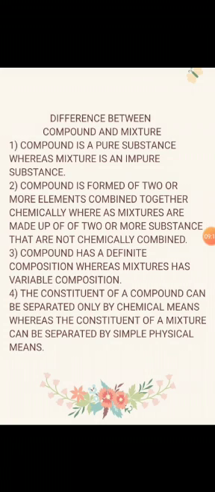The constituents of a compound can be separated only by chemical means because they are chemically combined, whereas the constituents of a mixture can be separated by simple physical means like using our hands or any simple machine. We can separate the constituents present in a mixture.